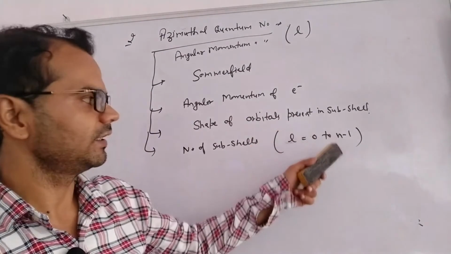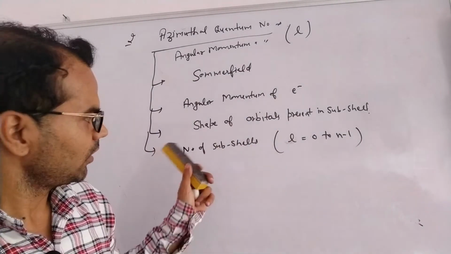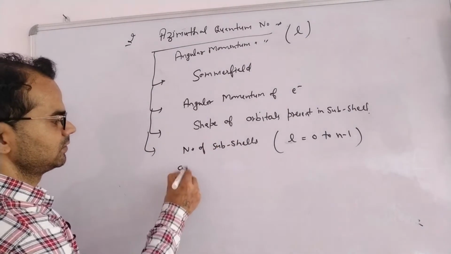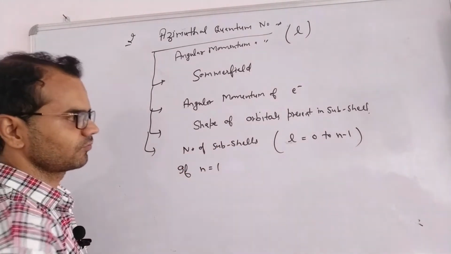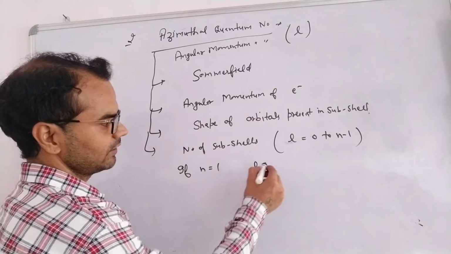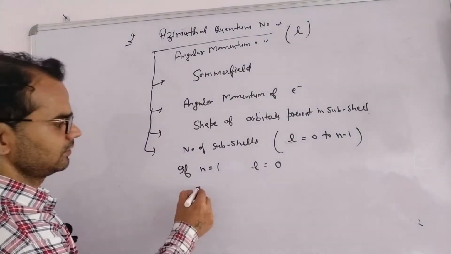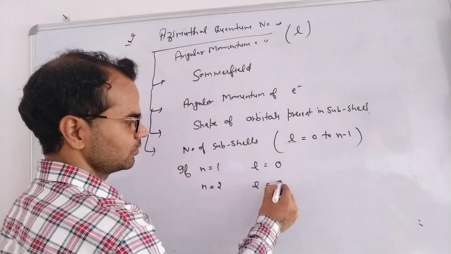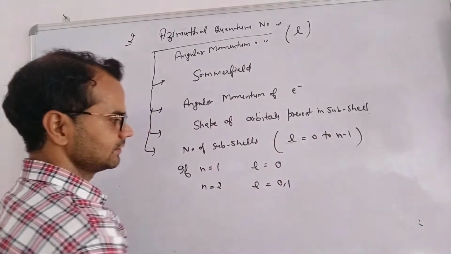Let's put the value of n and find out how many subshells are present in a shell. If n equal to 1, the possible value of l is 0. If n equal to 2, possible values of l are 0 to n minus 1, that is 2 minus 1.